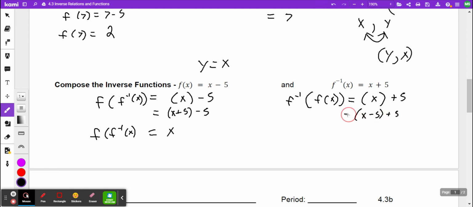And when we simplify this, we get the same result: the identity equation, or y equals x. And so we need to know how to compose functions so that we can do a quick test and see, hey, are these inverse functions?